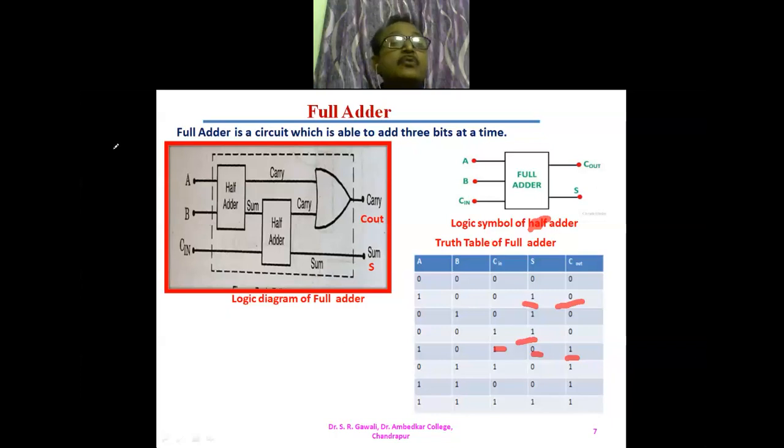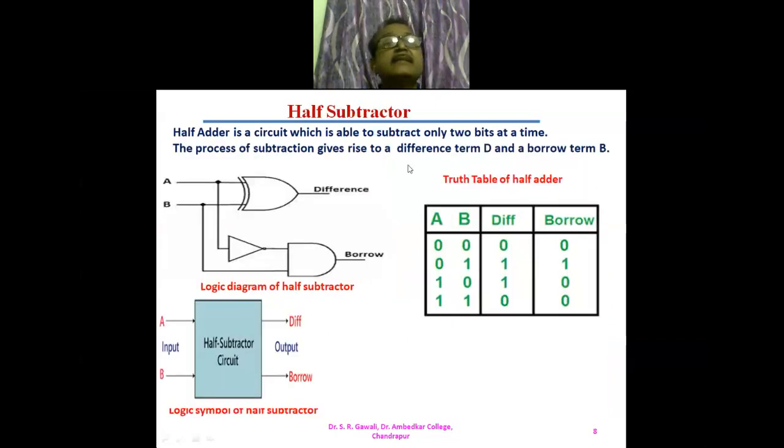Then we will have to study the half subtractor. Why is it called the half subtractor? The half subtractor is a circuit which can subtract 2 bits at a time. Means A minus B, that subtraction can be done with the help of the half subtractor.